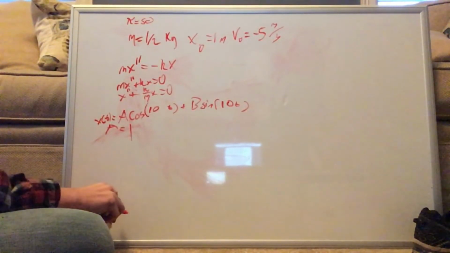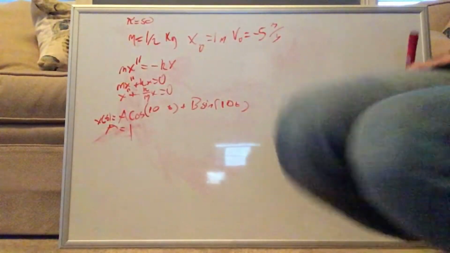And then for B, we need the derivative of that, because we're dealing with velocity now.